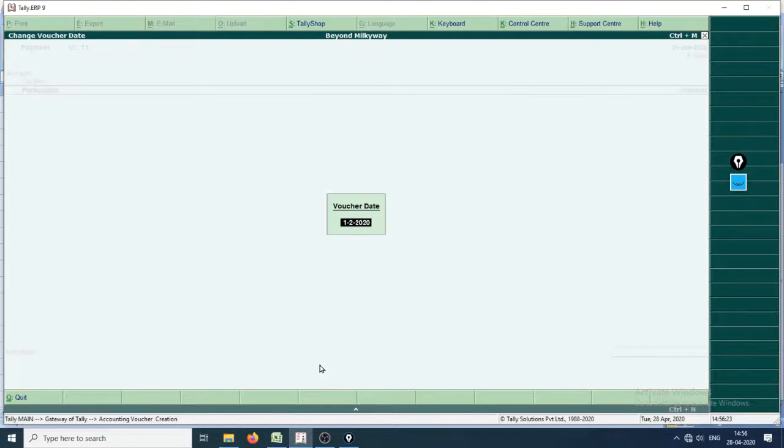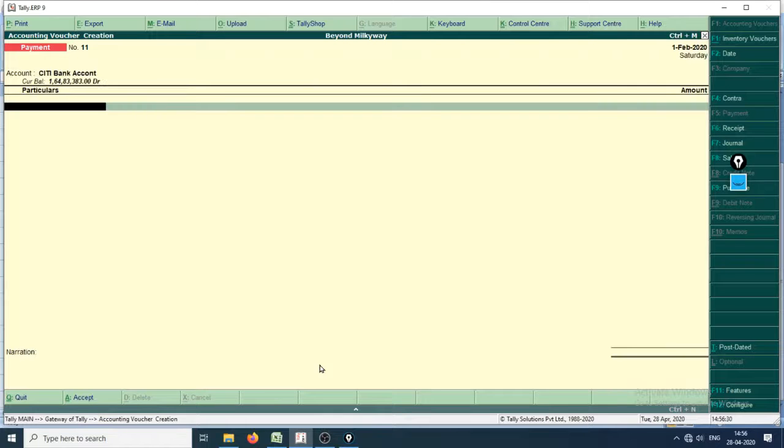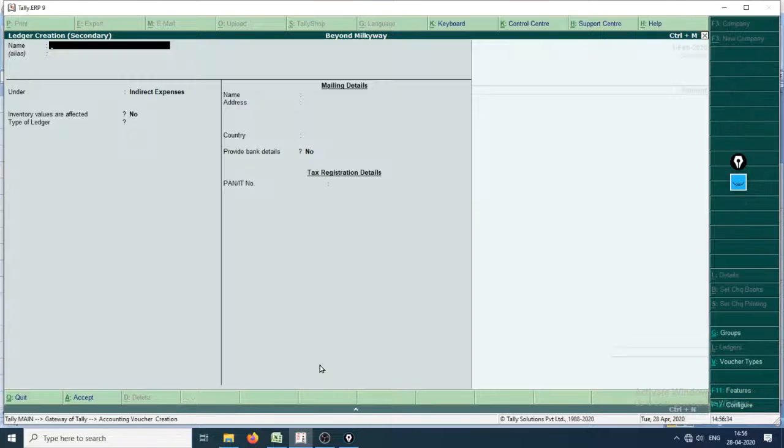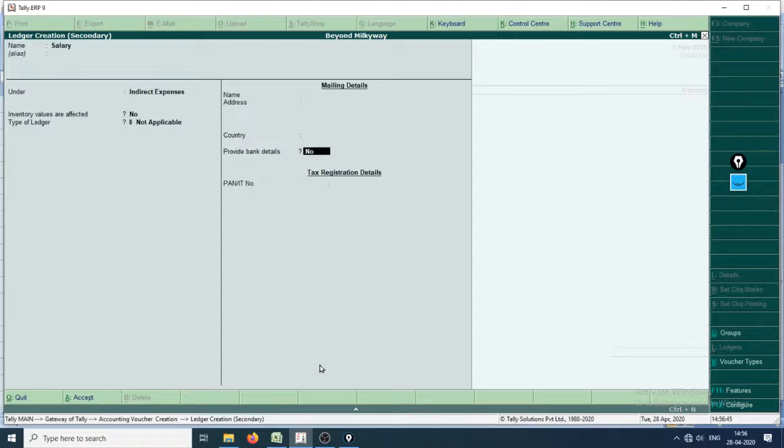The date is 1/2/20. Citibank account. Paid salary by check. Salary account is indirect expense. Why is it an indirect expense? Suppose we have paid salary to the office employees, then it is an indirect expense.